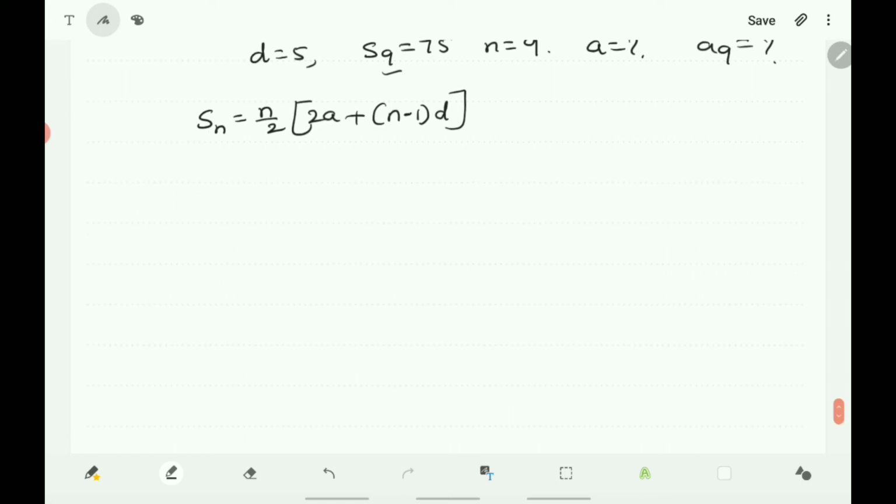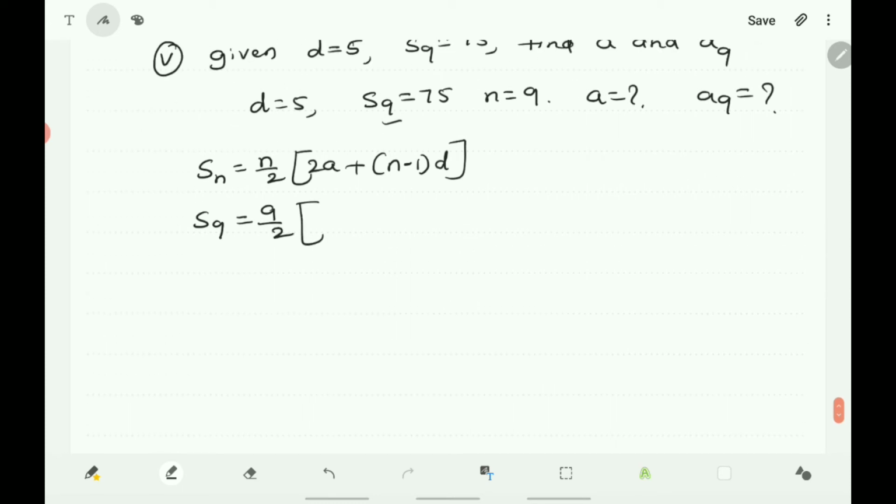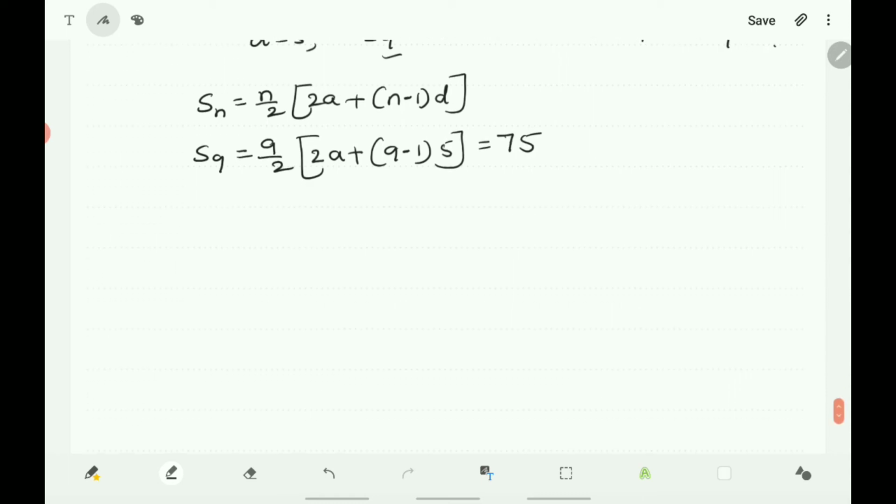That is, S9 is equal to 9 by 2 into 2a plus (n is 9, so 9 minus 1), d is 5, equals 75. Then 9 by 2 into 2a plus, 9 minus 1 is 8, 8 fives are 40, is equal to 75.